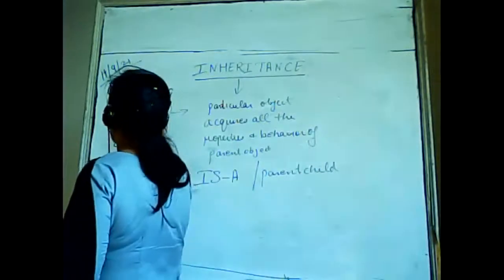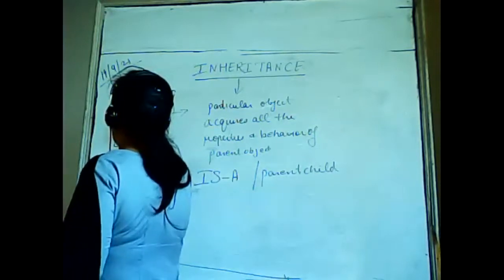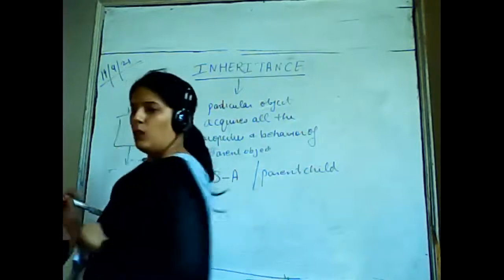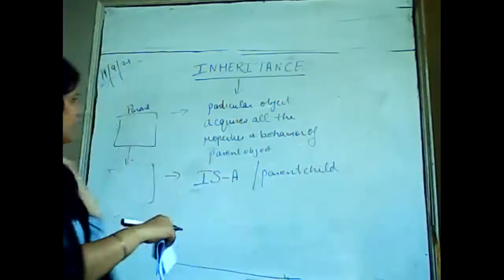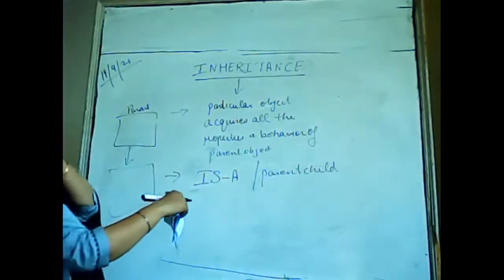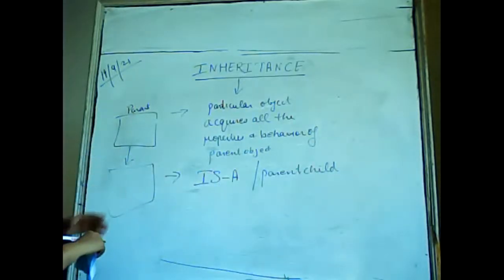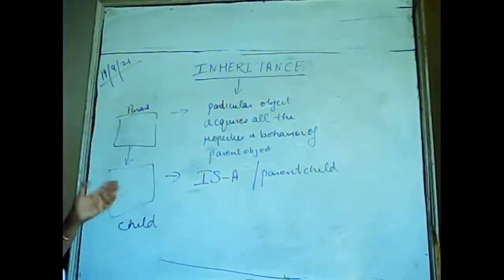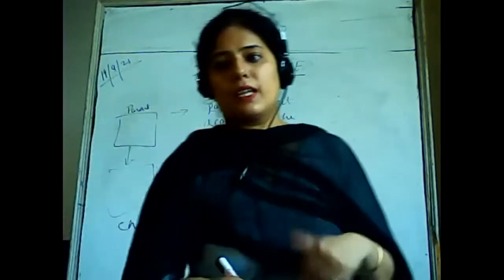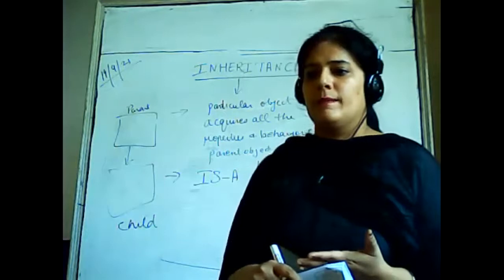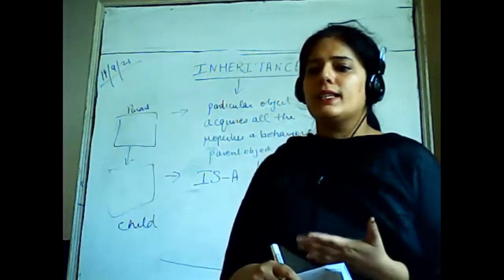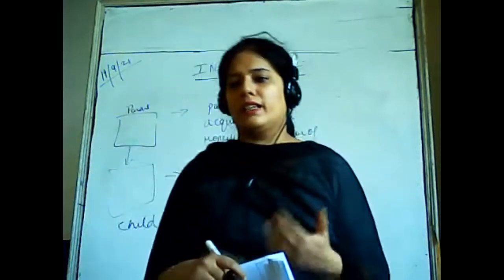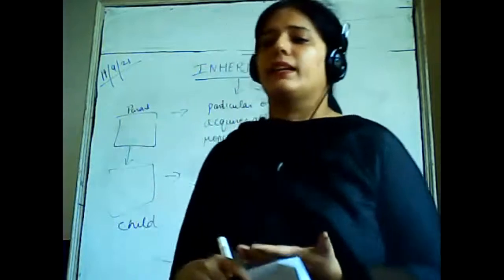Now let's suppose this is my parent class, and from this particular class we are deriving another class here. Now, how will this child class behave? It will obey some of the features of its parent class, and plus it can also have its own features. That is the way we say that it is inheriting the properties of its parent class.